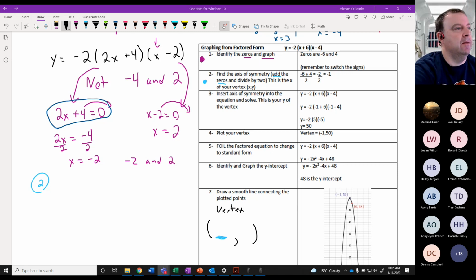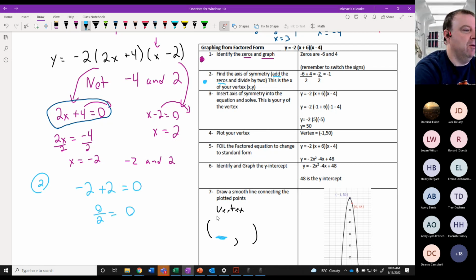Tom's done. So we add our 2 zeros together, divide by 2. Oh, good. So we go negative 2. Oops, wrong color. You probably did it right if you got a weird answer. Negative 2 plus 2 equals 0. 0 divided by 2 equals 0.